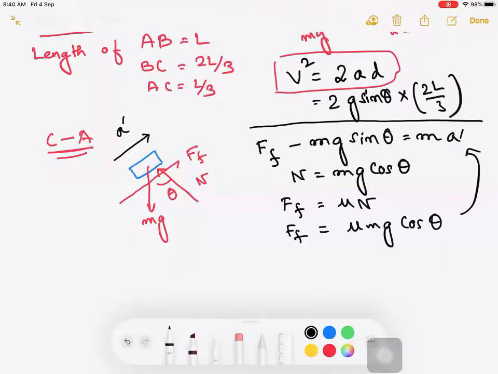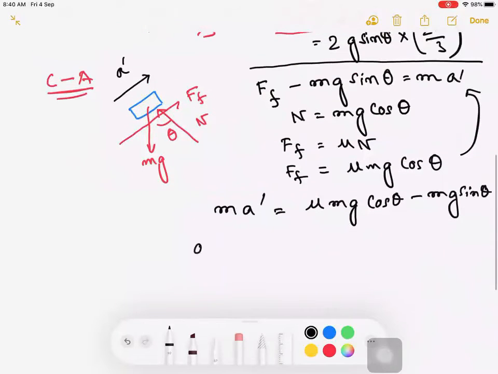What I get is m a dash is equal to mu mg cos theta minus mg sine theta. Hence, the acceleration or the deceleration, whatever way you call it, during the movement from C to A is equal to mu g cos theta minus g sine theta.